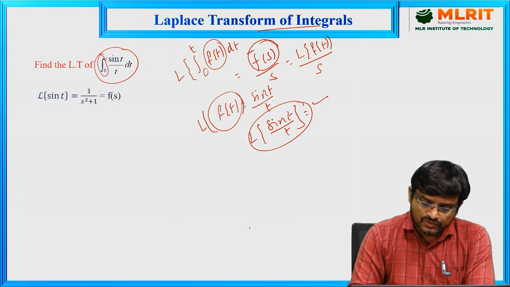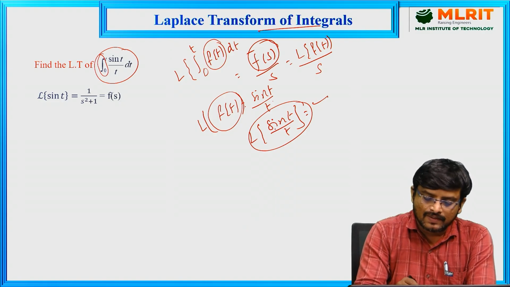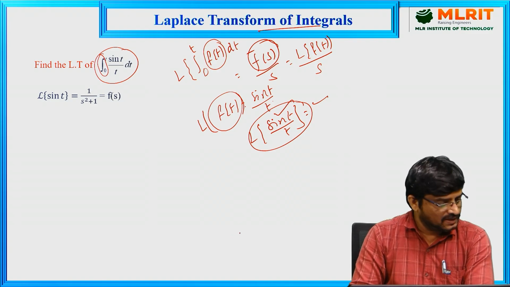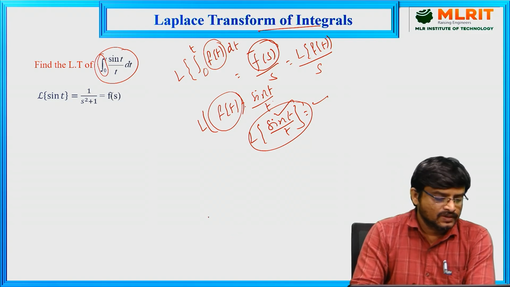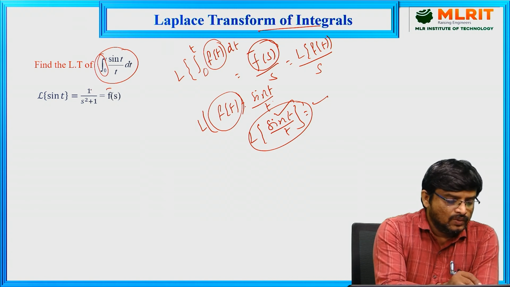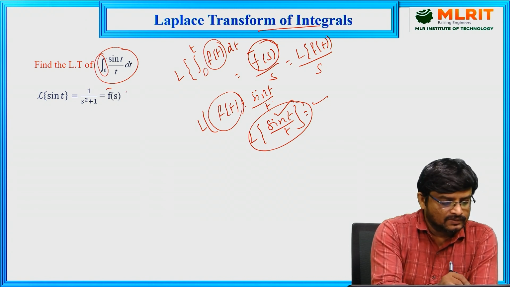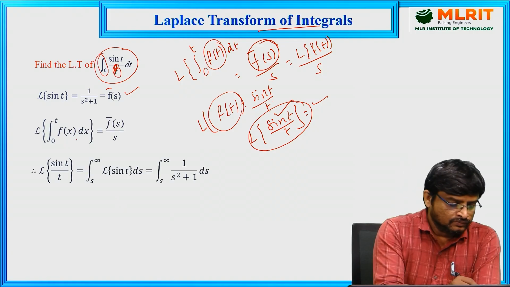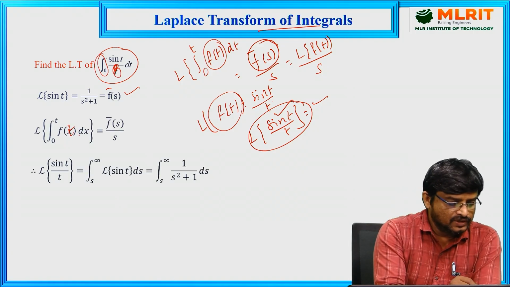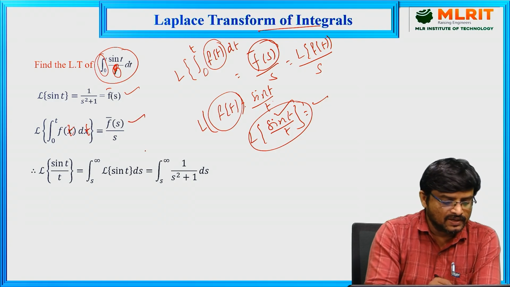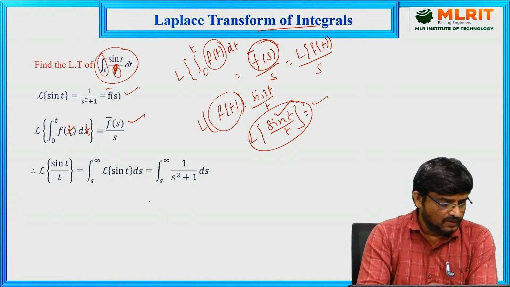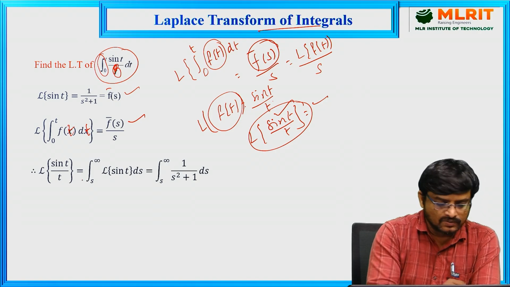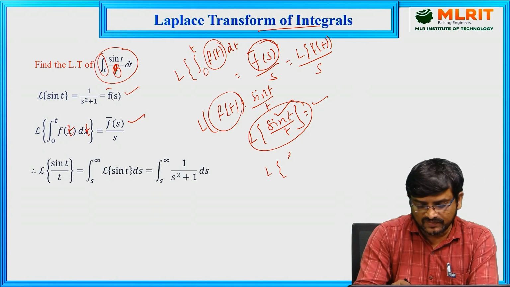Before finding the Laplace transform of sin t by t, first I will find the Laplace transform of sin t, because we have a standard formula for that, which is 1 by s square plus 1. You consider this as some value f bar of s. For the integral 0 to t f of t dt, we have the formula f bar of s by s. Now our problem is the Laplace transform of sin t by t, which is of the form Laplace transform of f of t by t.